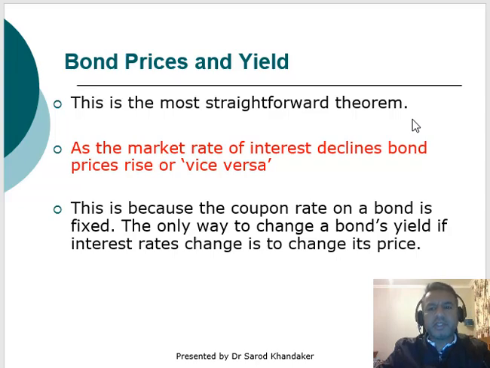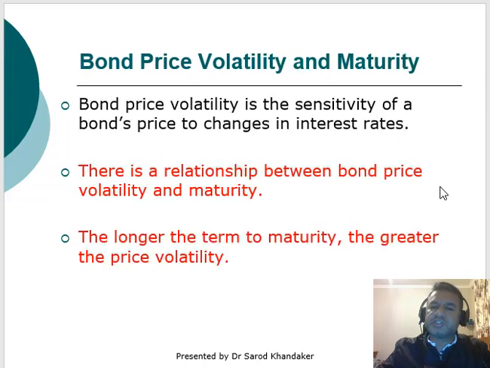So if the market interest rate goes up, investors would like to change their investment attitude and invest in other instruments that give them a higher interest rate. This is because the coupon rate on the bond is fixed. The only way to change a bond yield if the interest rate changes is to change its price.